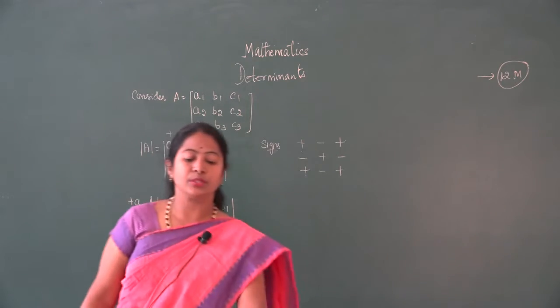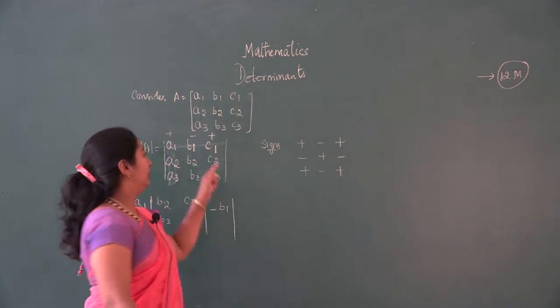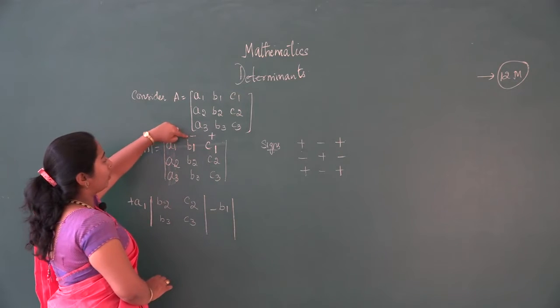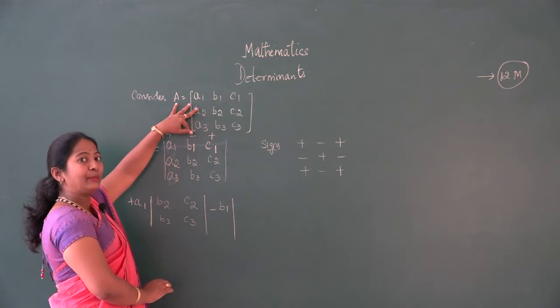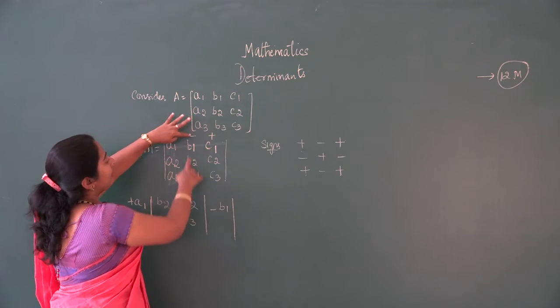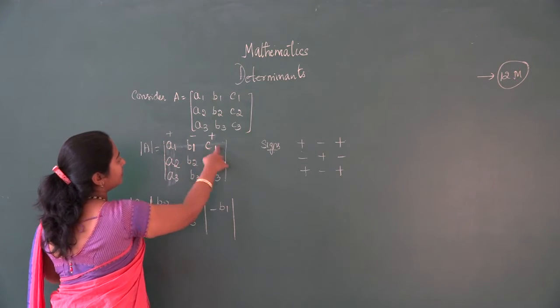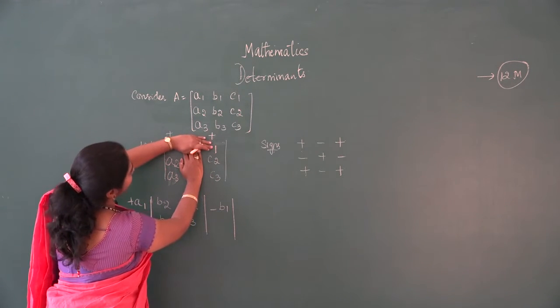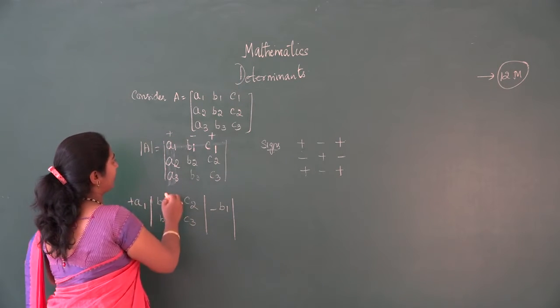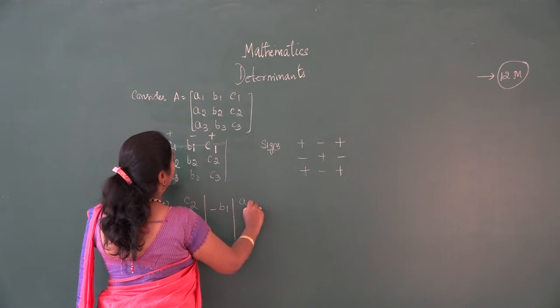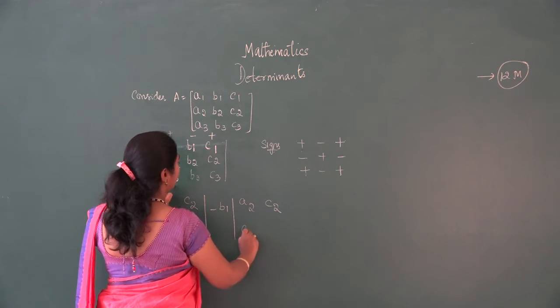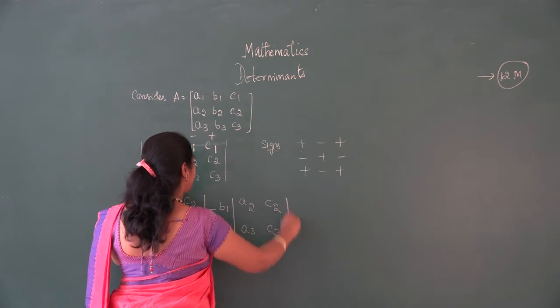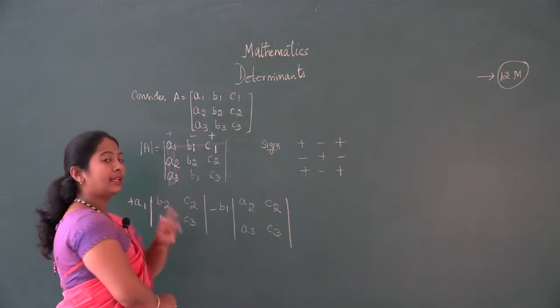Now I consider B1. What is the sign associated with B1? That is minus. I am supposed to leave B1's row and B1's column. So what are the elements left out now? A2, C2, A3, C3.